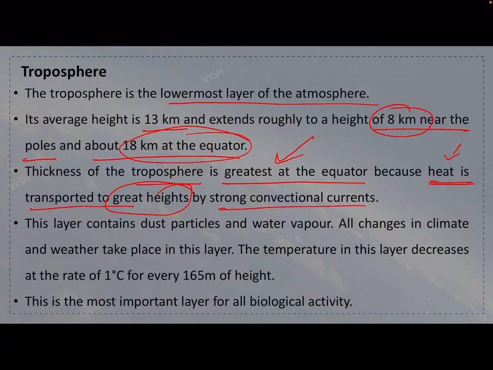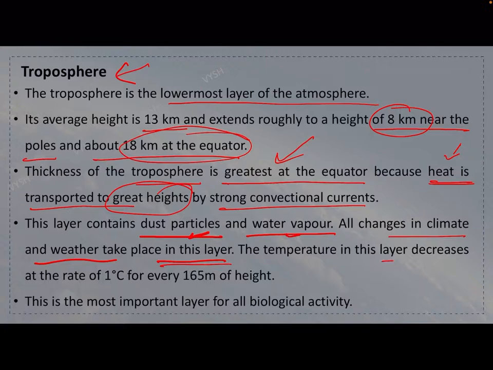This layer contains dust particles and water vapor. What we see above our head is basically the troposphere. All changes in climate and weather take place in this layer. Whatever is happening, maybe rainfall, is because of this layer itself.